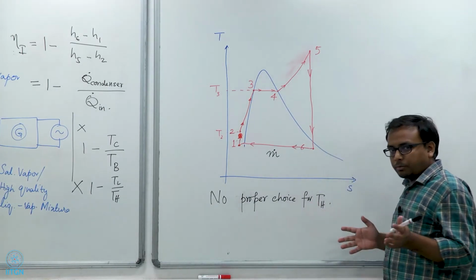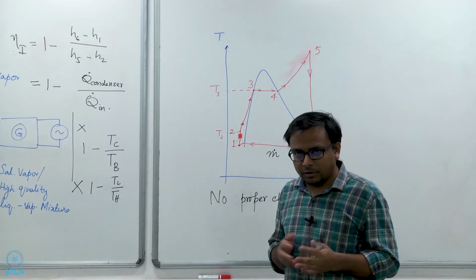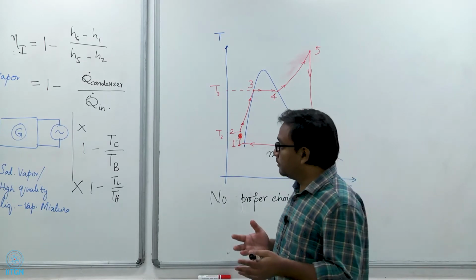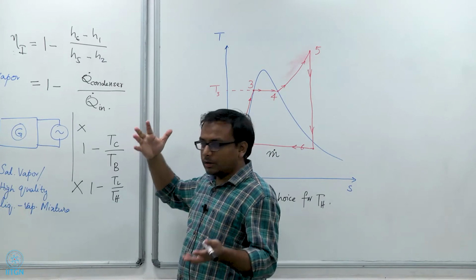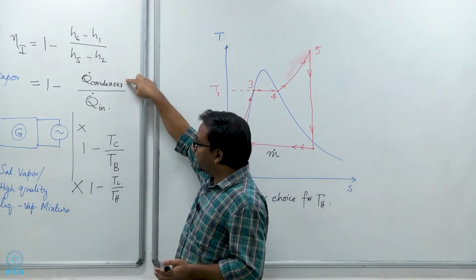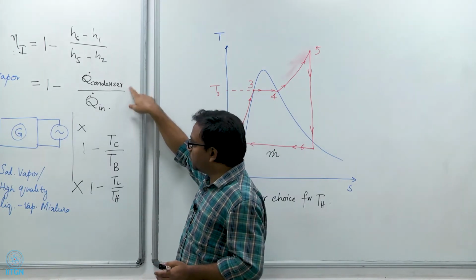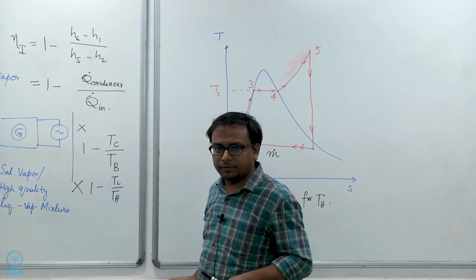This is a very important point. We have seen that students often make this mistake. They see this relation and they immediately say, oh, this looks very familiar, I can just plug in TL here and TH here, because this is proportional to TL by TH and I can get the efficiency value.